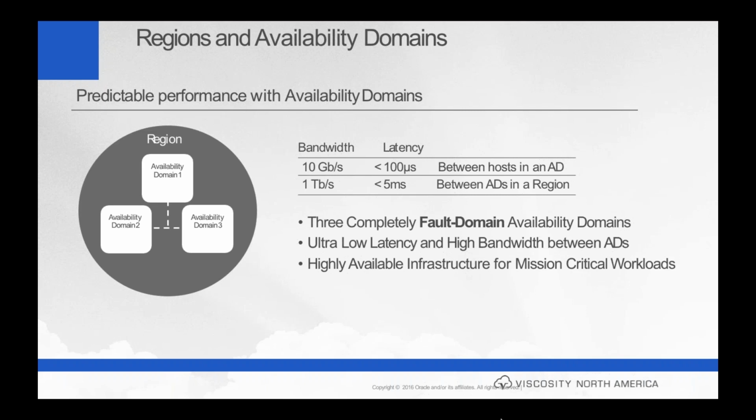So think of this as 3 distinct data centers all within a region, right? And you can have compute servers in one availability domain, you can have your database in another availability domain, and that's all within microseconds latency. And this is how you may want to distribute your workload between availability domains anyway. So think of this as 3 completely fault-isolated availability domains with ultra low latency, high bandwidth access between them.